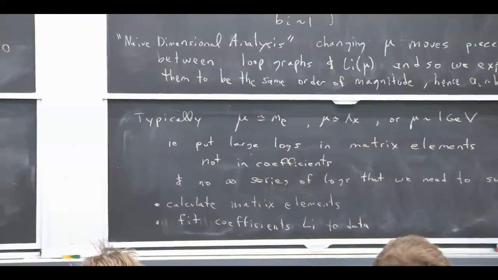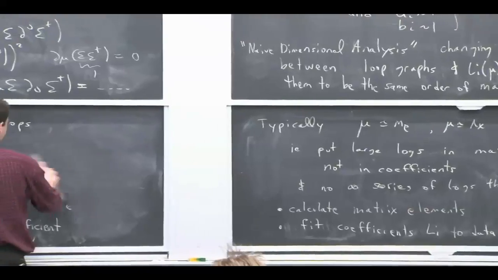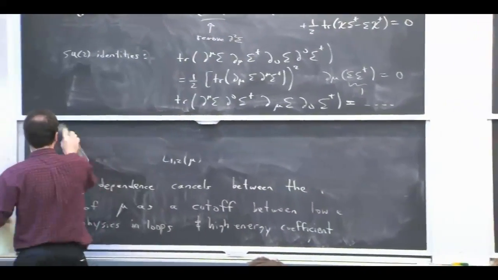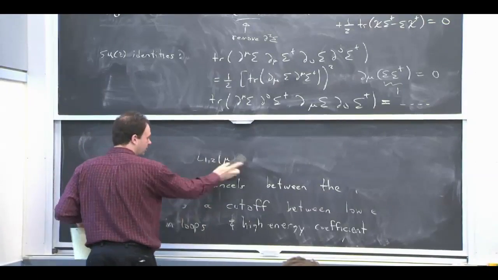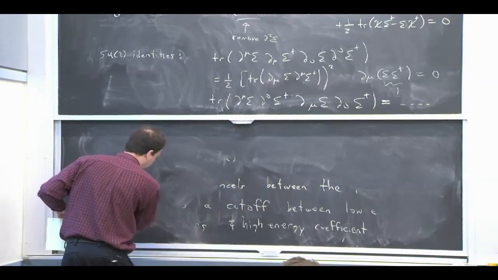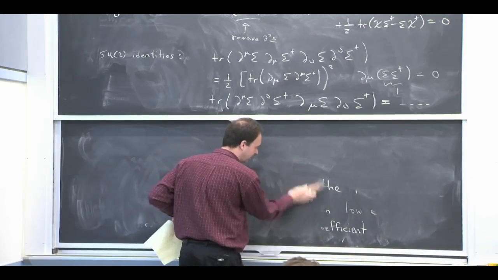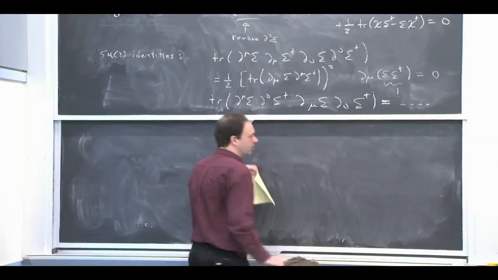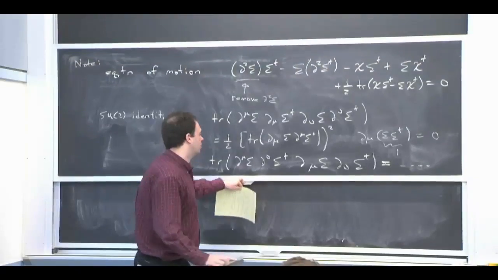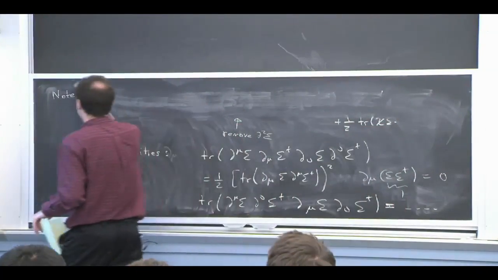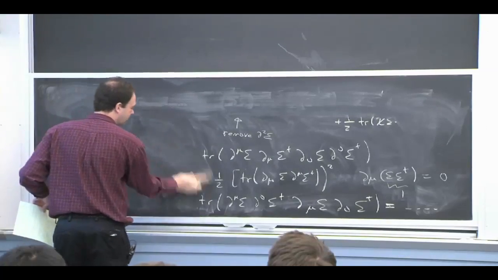At some point, you effectively lose predictive power because you can't think of enough observables to fit all your coefficients. But certainly at order p to the fourth, people can think of many more observables. And people have worked out p to the sixth as well. So two-loop chiral perturbation theory is kind of the state of the art.